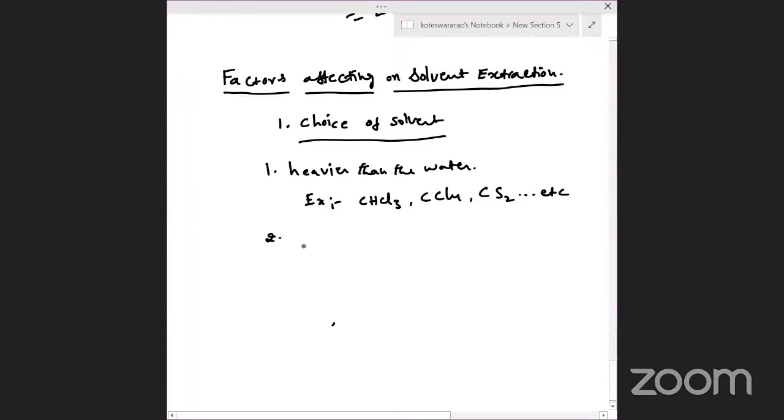And the second type is lighter than the water. These are solvent type 1 and solvent type 2.